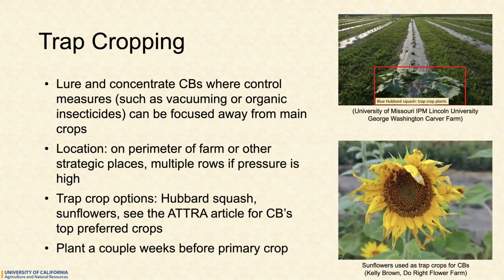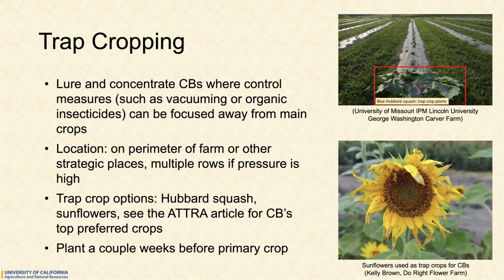So another strategy you could consider is trap cropping. The goal of trap cropping is to lure and concentrate cucumber beetles where control measures like vacuuming or organic insecticides can be focused away from your main crop. Here's a nice little example. We have blue Hubbard squash as a trap crop planted at the end of a row of other main crops.